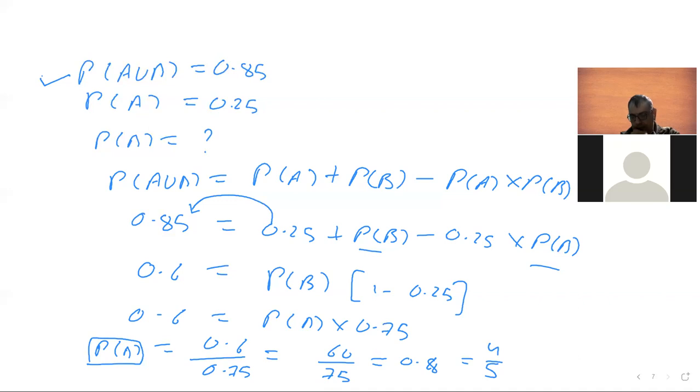And what is P(B) minus 0.25 P(B)? 0.75. Now you can find P(B). Oh, I got 0.2 now. Okay.